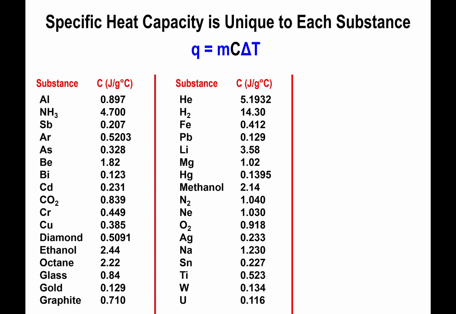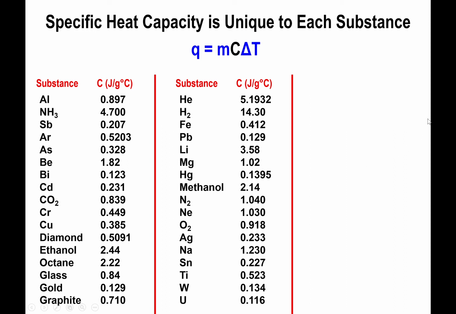All right, now the other thing that I need to tell you in regards to the specific heat capacity is that each substance has its own value of specific heat capacity. They're all in joules per gram degree Celsius, but they all differ in their values.